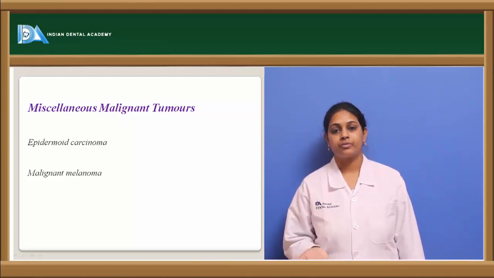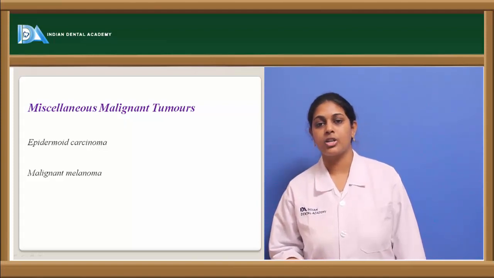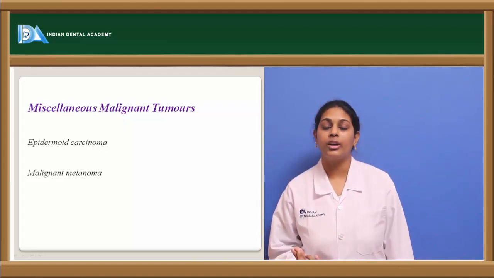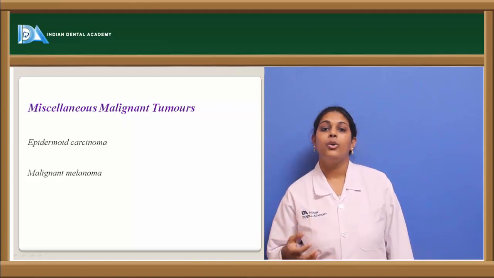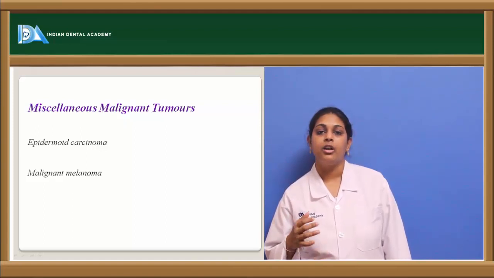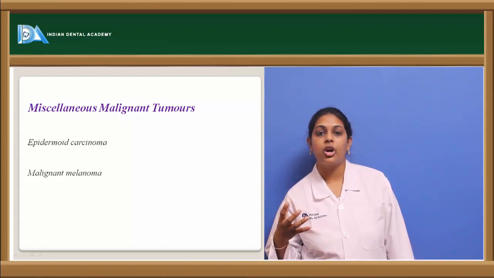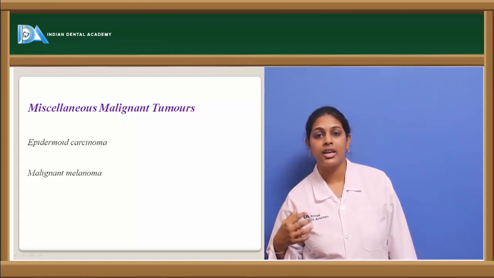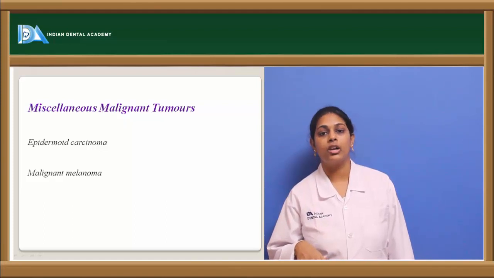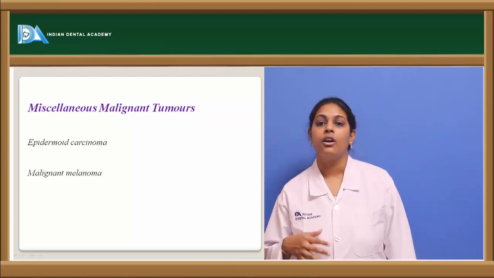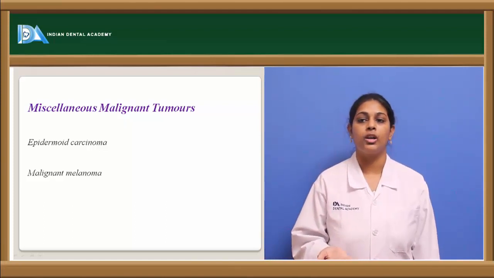Most commonly they are seen involving the skin, and very rare percentages of tumors involve the oral cavity, and that too could probably be an invading epidermoid carcinoma of the skin deepening into the oral cavity tissue or the cheek mucosa, resulting in an epidermoid carcinoma of the oral cavity.